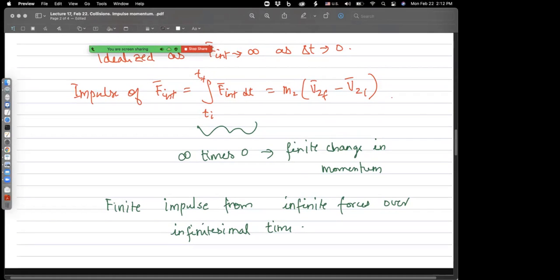Right, so collisions in this limit can be described as infinite forces acting over infinitesimal time to produce a finite change in velocities of the various objects. Or more realistically, it's large internal forces pushing the objects apart over a very small amount of time, so the velocities change substantially over a small amount of time.